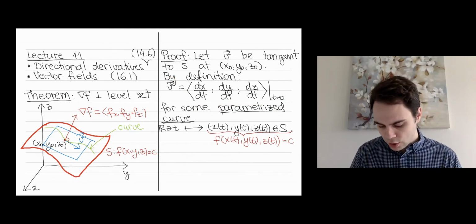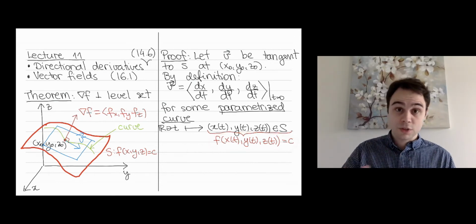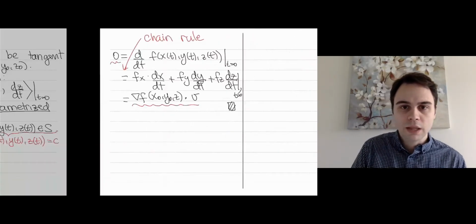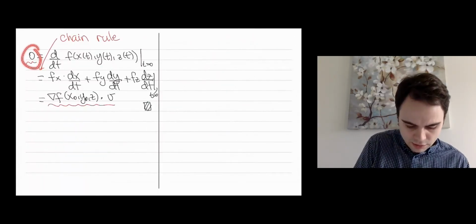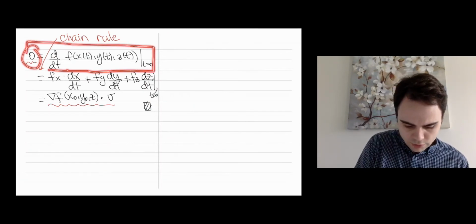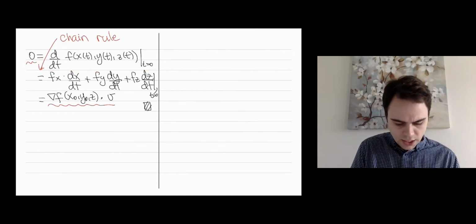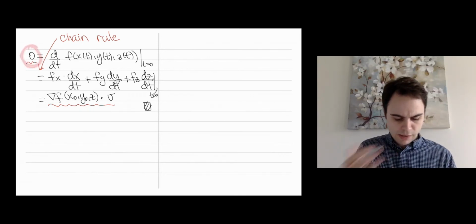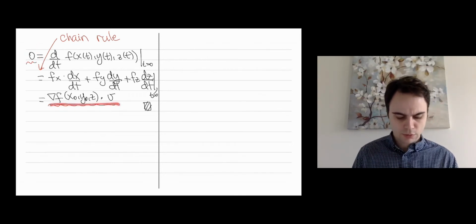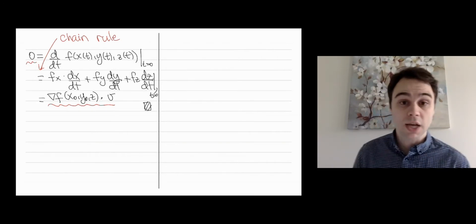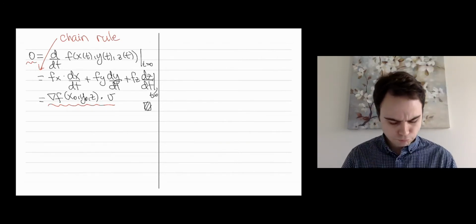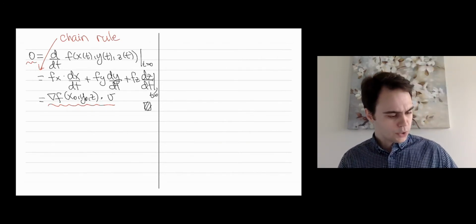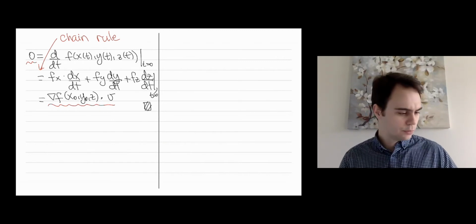Now, if a curve is inside the surface, the value of f does not change along this curve. This is stated here: the value of f does not change in the curve. It's always equal to a constant. And then using the chain rule, we get that the rate of change in the value of f, that's 0, is equal to the gradient dot product v. So this completes the proof.